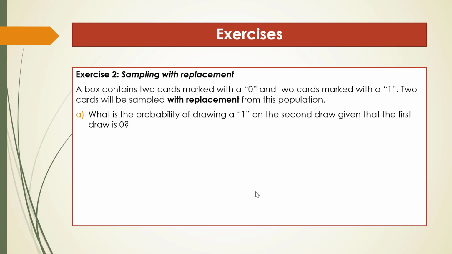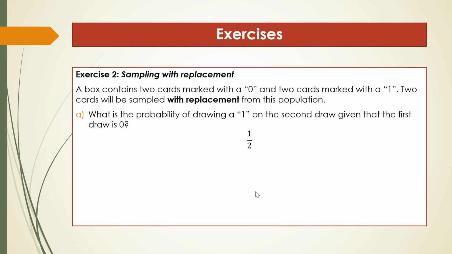Here, because the cards are withdrawn with replacement, the first card is taken out and then put back. So no matter what happened with the first draw, whether it's 0 or 1, it is back in the box. So the probability of getting a 1 the second time is still 2 out of 4 because we still have 2 number 1s and 2 number 0s.